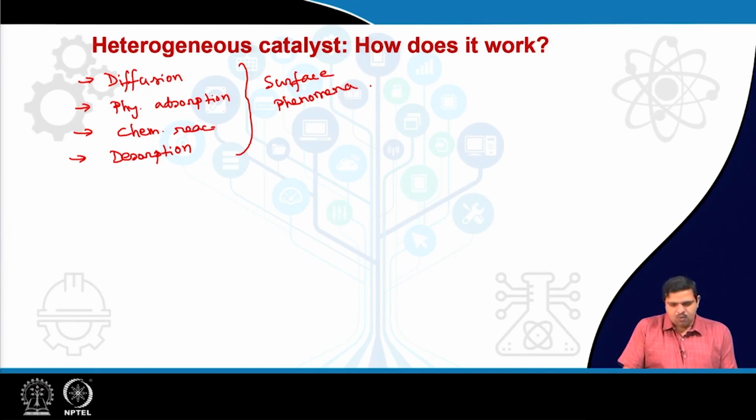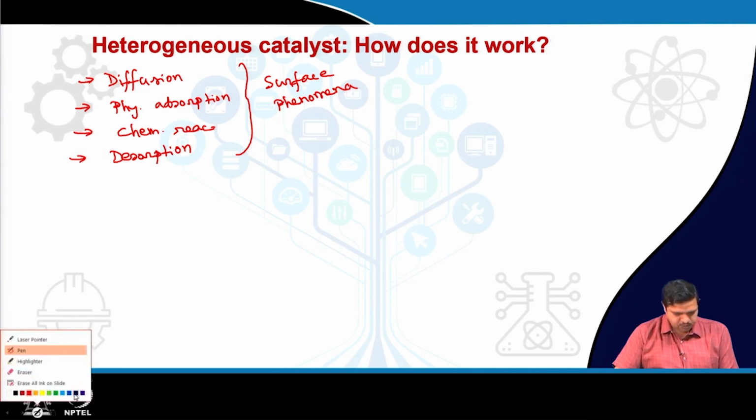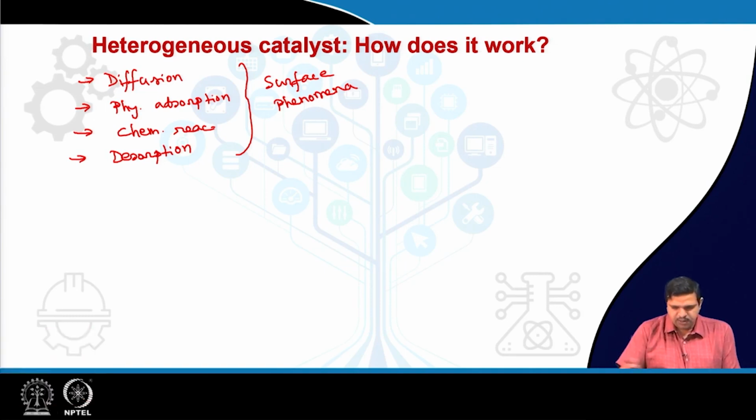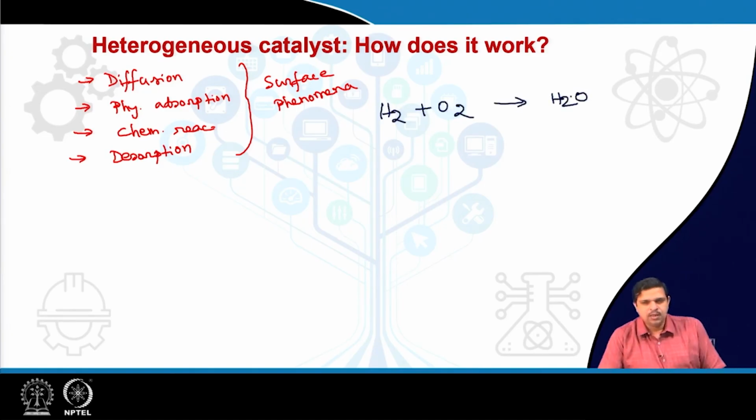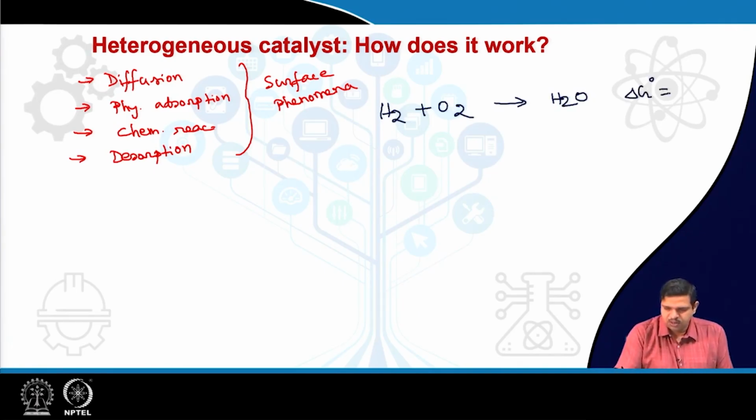Okay. One classical example I want to give is a textbook example, but it is very important and interesting to discuss: the classical reaction H2 plus O2 gives H2O. As you know, this is a thermodynamically favorable reaction, because the delta G0 is, any idea how much? Yes, spontaneous, minus 232 kilojoule per mole.